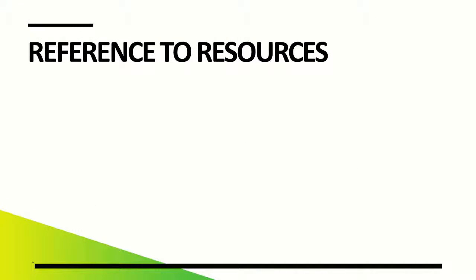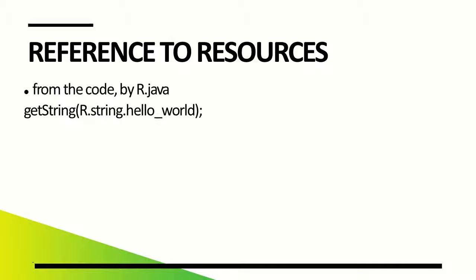Now, we should mention the method of referring to the resources we have in the system. I've already shown you the version where we refer to a resource via the R class in the Java code. This is a basic method in terms of access from the Java level. This way, we can easily access ID fields, texts, or layouts.